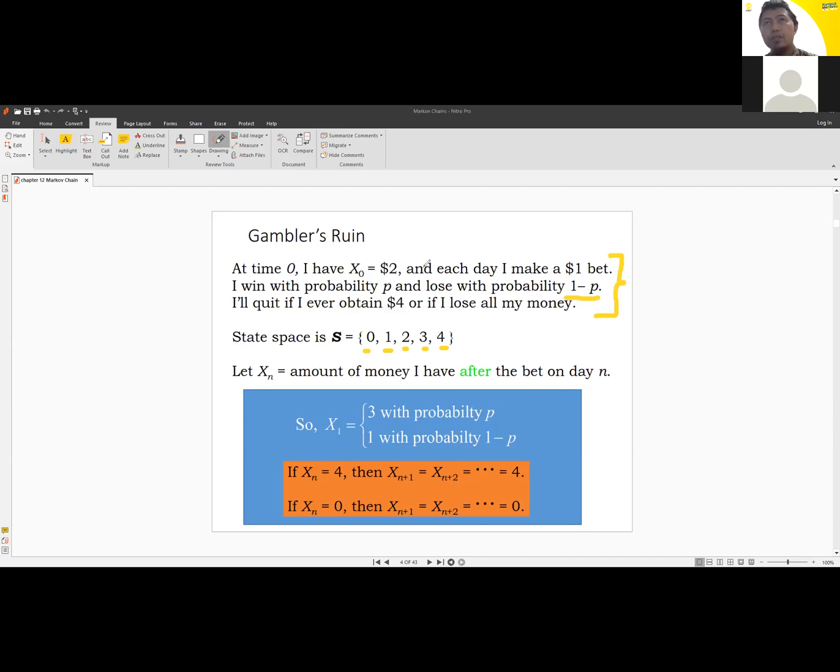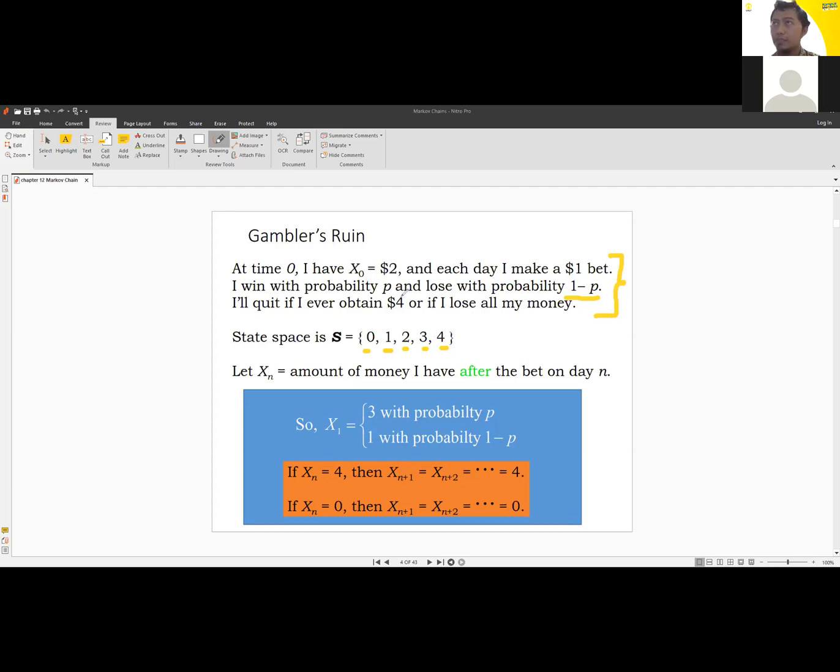In the first day I bid $1 and lose, and then in the second day I have only $1 and I bet again. If I win, then I get $2. And so on and so on.